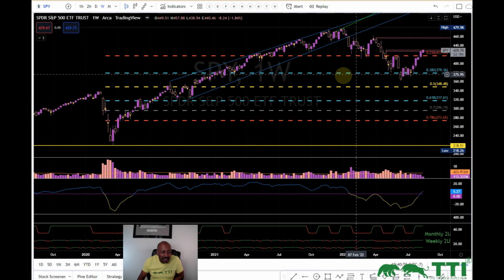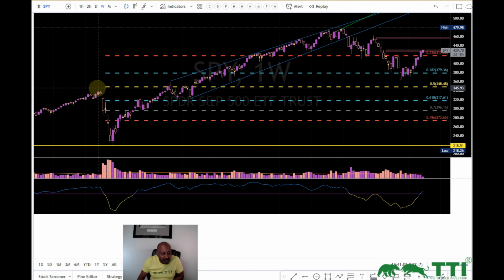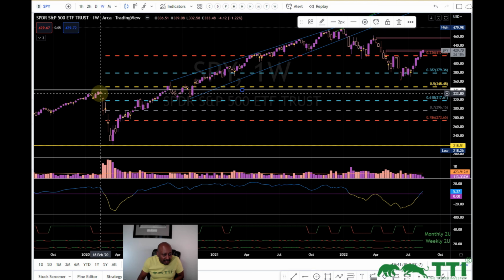If you look at this chart here, first you find an area that has been touched multiple times, right? So let's just say here. It's been touched here, here, here, and then a little bit here, and nothing else. So you draw this.